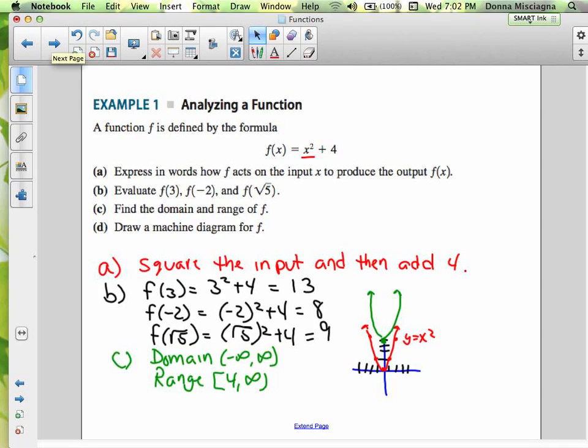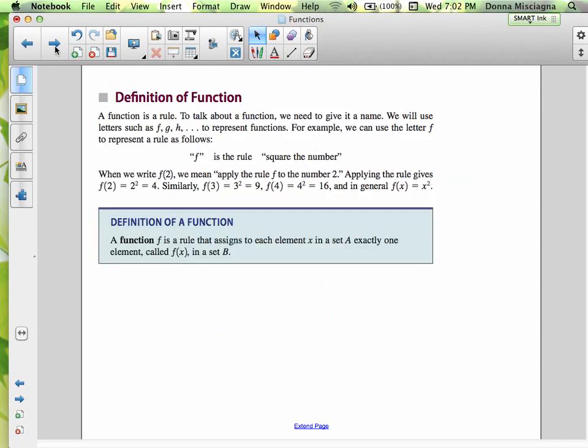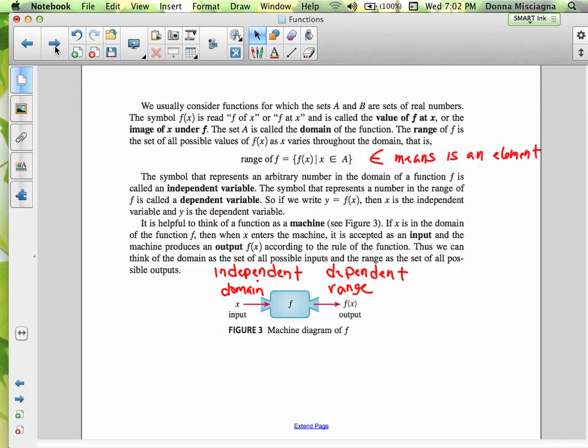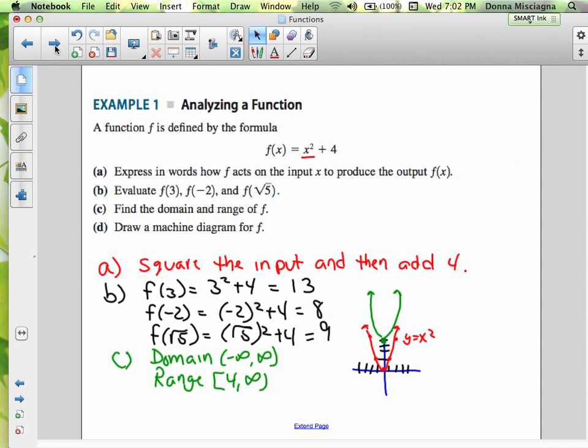All right, so now draw a machine diagram for f. All right, so now here's what our machine diagrams look like. Oops, too far. All right, so there's our machine diagram. We're essentially going to draw that, except we're going to change what f is.